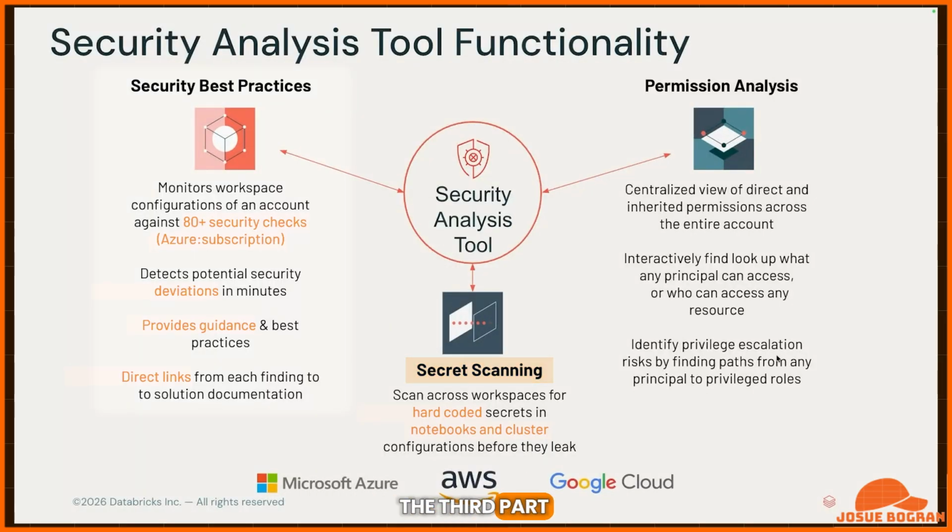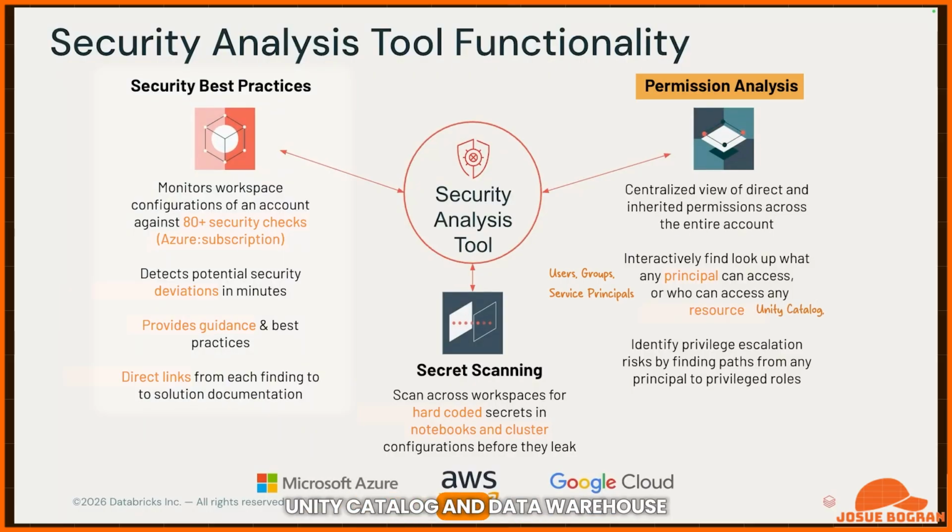The third part to security analysis tool is permission analysis. In this one, what we provide is we look at the users, I call them principals, right? So principals can be users, groups, and service principals, and the resources. Resources can be Unity Catalog, data warehouses, or workspaces.